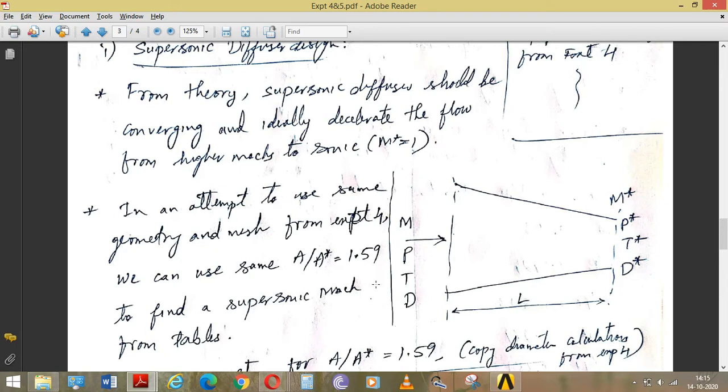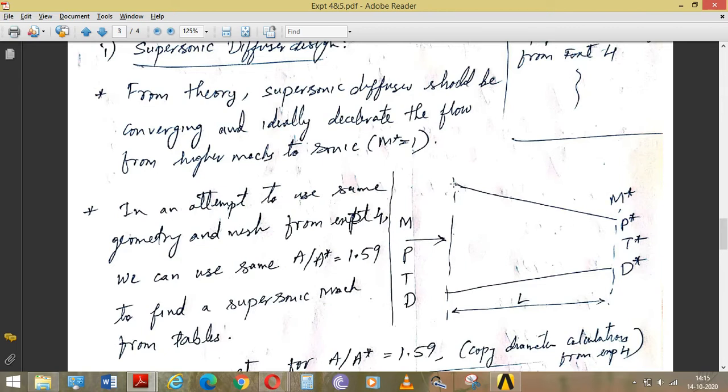The ideal condition is that the inlet Mach number will be greater than 1. An ideal supersonic diffuser should decelerate the flow and reach Mach number 1, that is sonic Mach number, which is the condition at the throat.